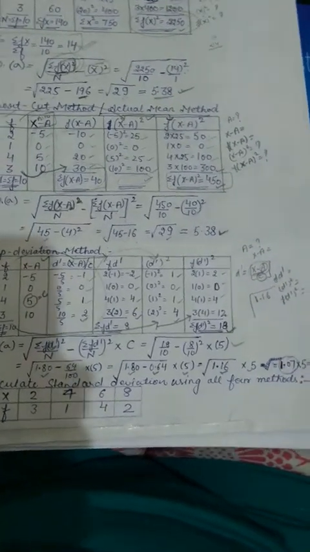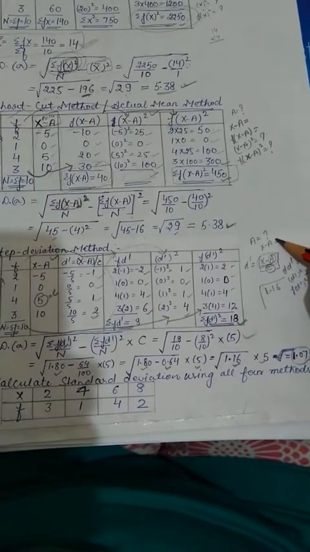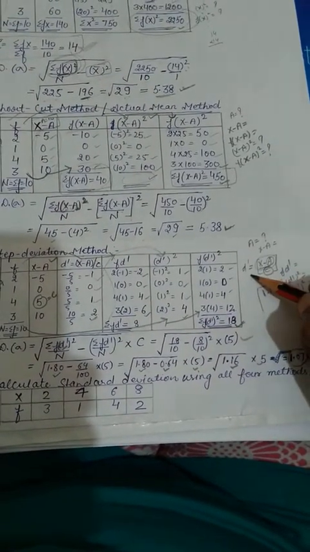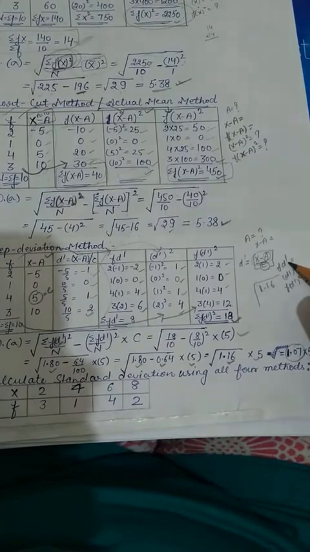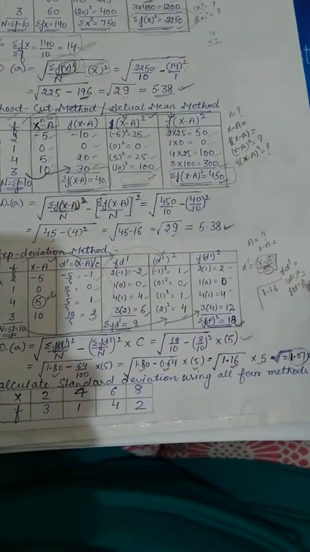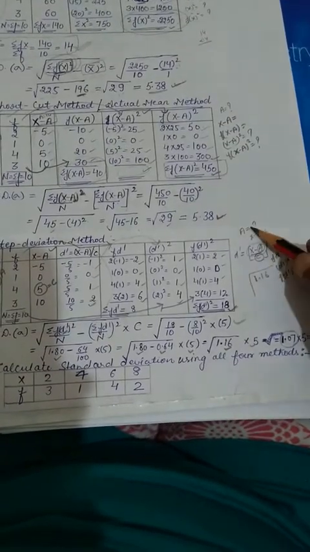These are the columns which you will need: x minus a, then d dash second column, then f d dash third, then this fourth, and this fifth.